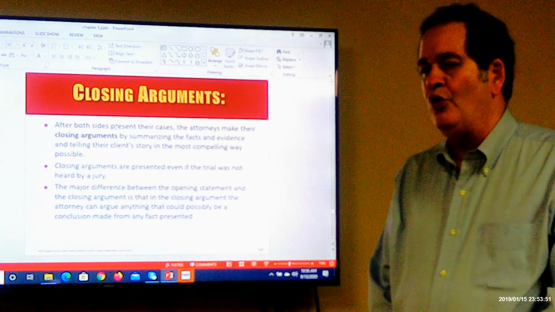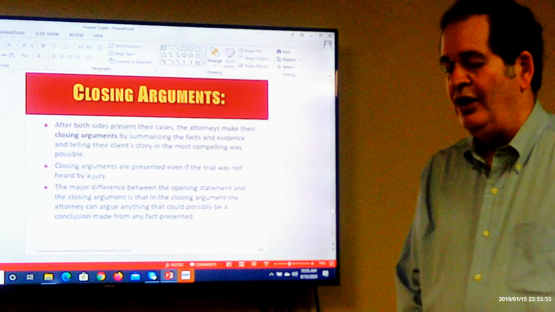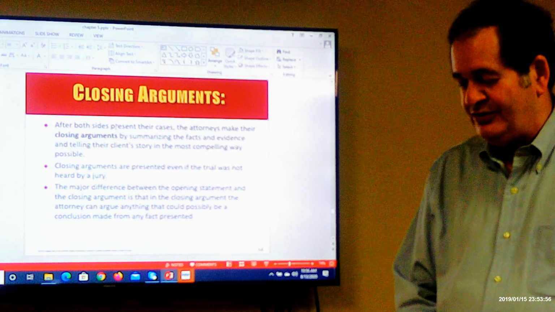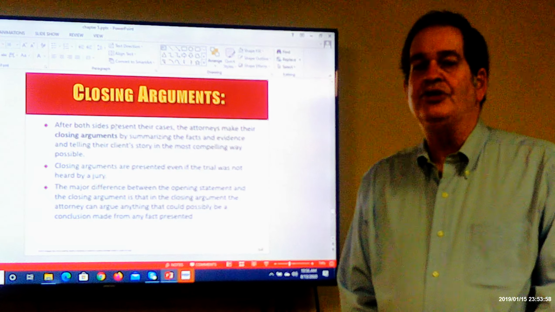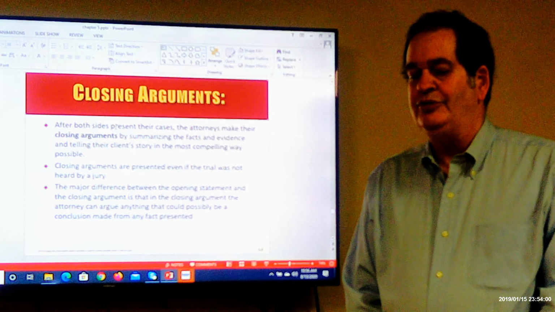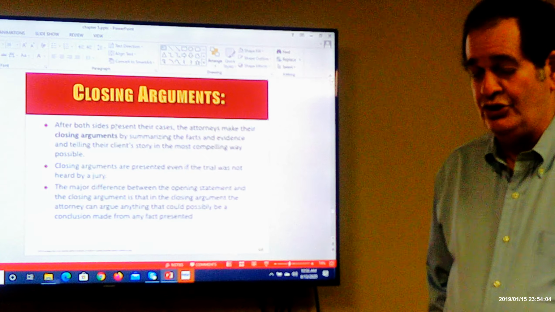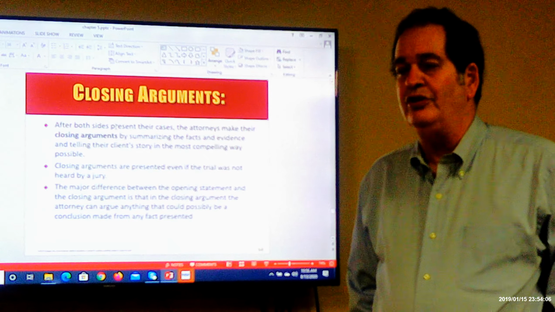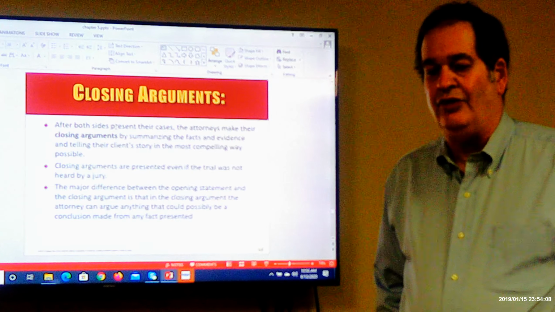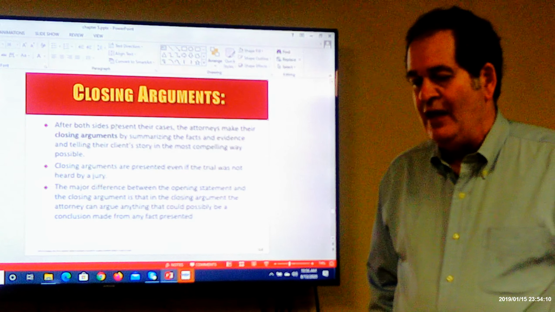But sometime before closing arguments, maybe right before, or it may have been significantly before, the judge is going to meet with the attorneys to have a discussion on the charges to the jury. Okay, these are the legal rules that the judge is going to tell the jury that they have to apply.